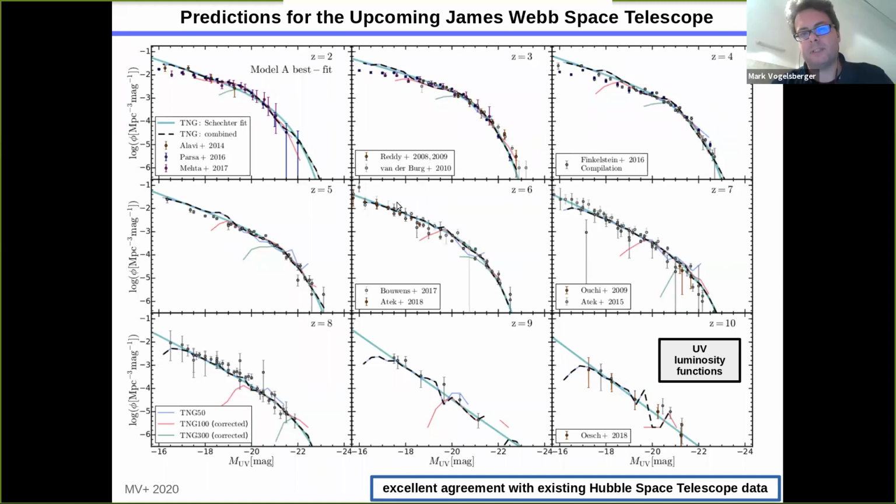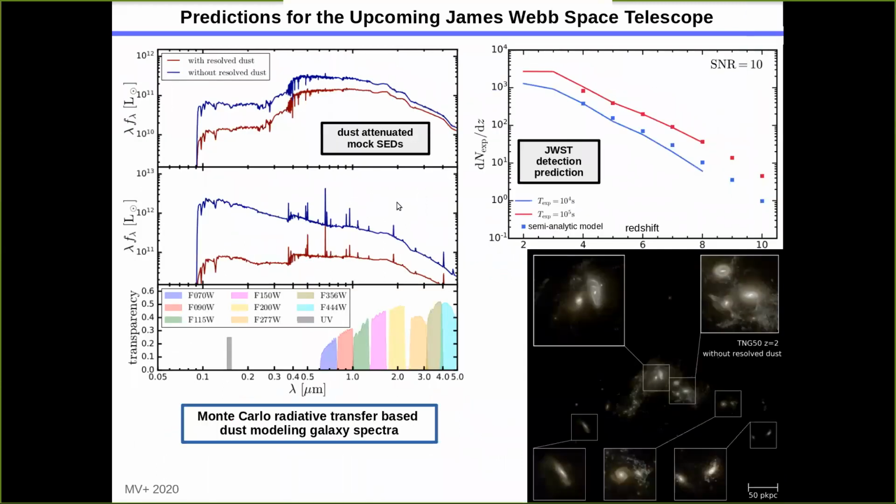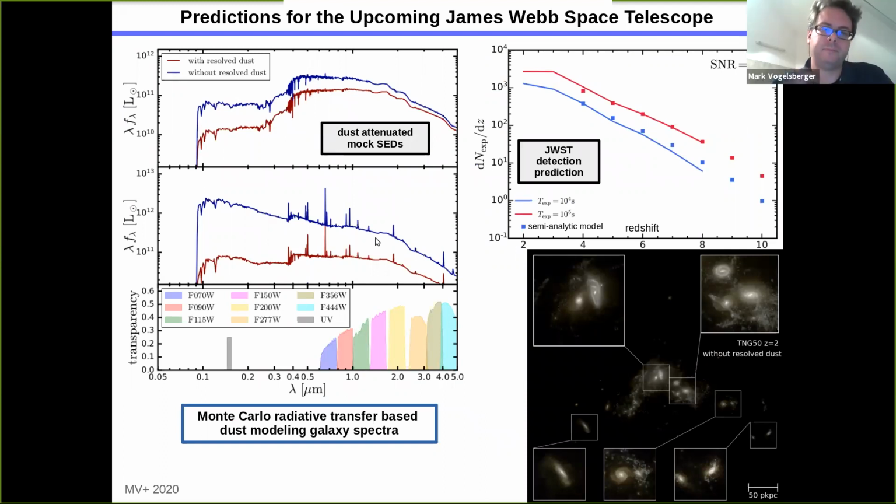Now, of course, there's one thing that I didn't say when I said it works very well. We have to do dust attenuation here. The results that you just saw are based on Monte Carlo radiative transfer with dust. So we have to put some dust in the simulations, which is not self-consistently tracked.